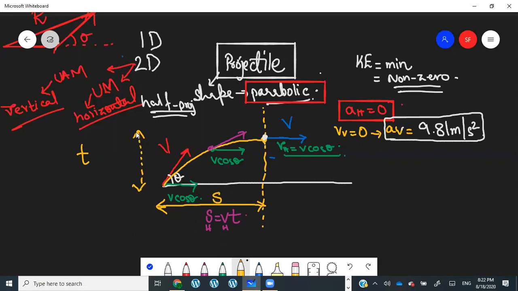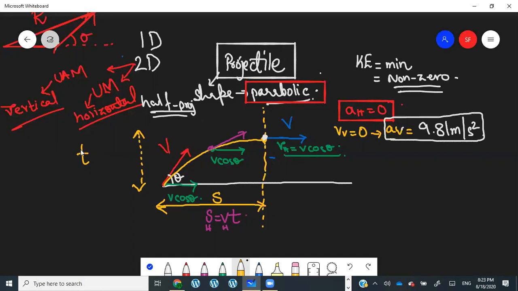Now, if I were to ask you to calculate this distance, and the time taken for the ball to reach the maximum height is given to you, it would be the same as the time it took for the ball to reach this point, because while the ball was reaching the maximum height, it was also covering this horizontal distance. Both these times are equal, right?